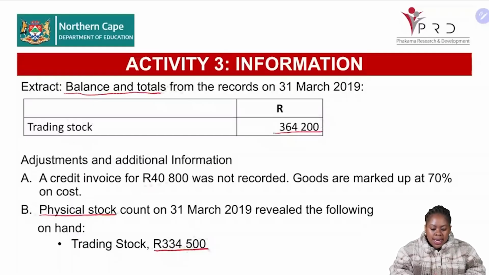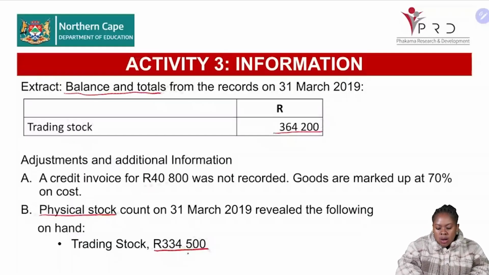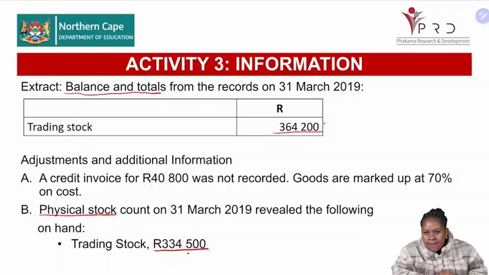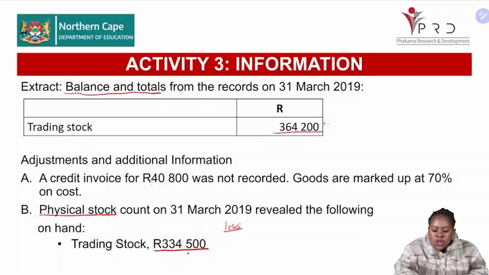The surplus is when the physical stock is more than the trading stock. Do we have that situation right now? No, we don't have that, grade 12s. We have a situation where our physical stock is less. So then when it's less, it's a deficit because we need to reduce.